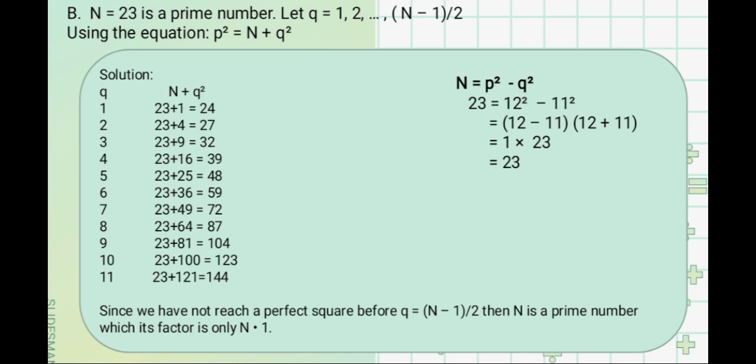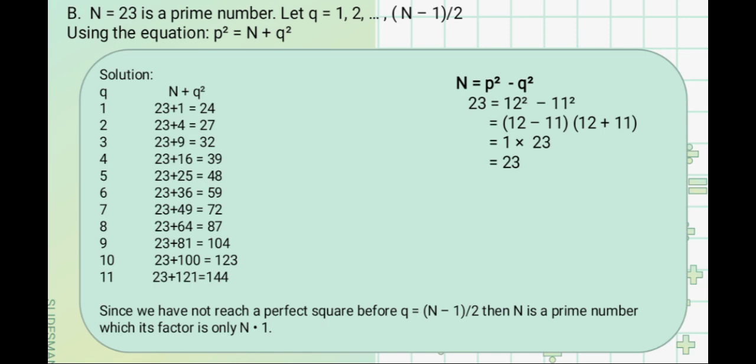And mag-ask na ta sa atong kaugalingon nga, if mopadayon pa ta ni, can we still proceed? Or kinahanglan pa ba mo proceed? Remember this, let Q is equal to 1, 2, 3, 4, and so on and so forth until (n minus 1) divided by 2. So, ang pasabot aning (n minus 1) divided by 2, ang Q dili siya pwede molapas.